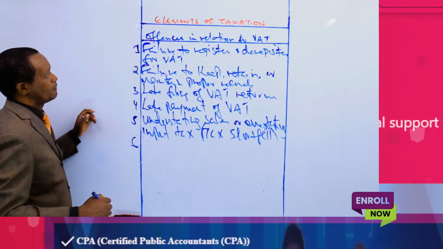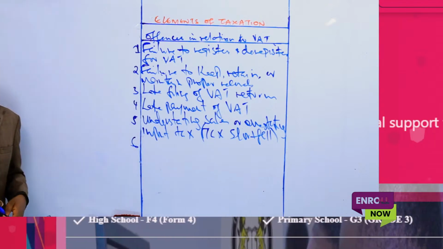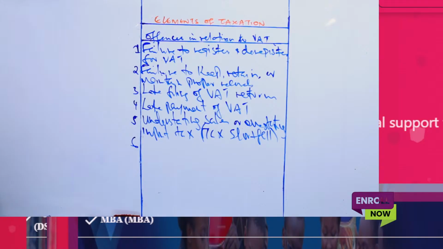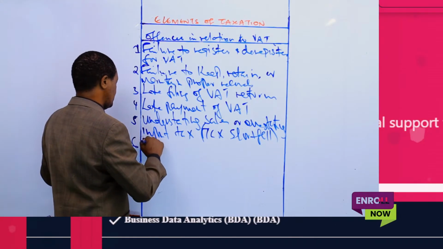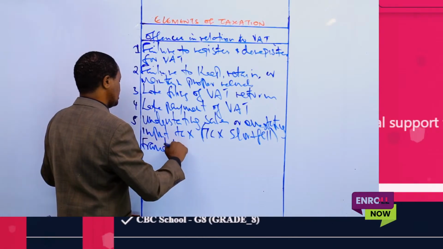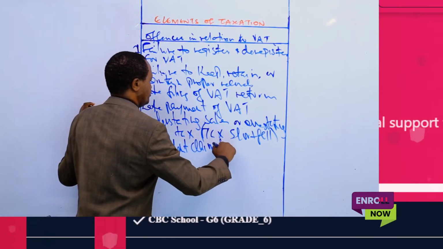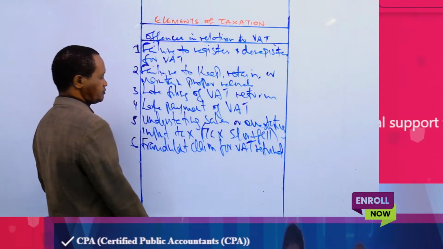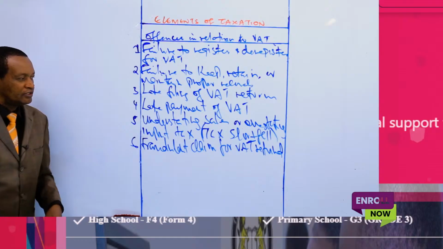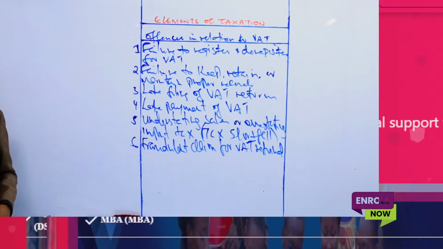The 6th offense in relation to VAT is fraudulent claim for a VAT refund.